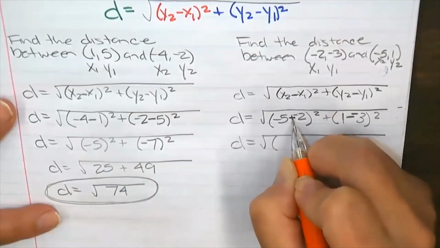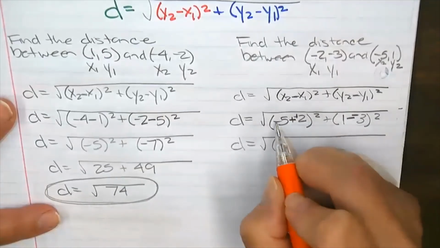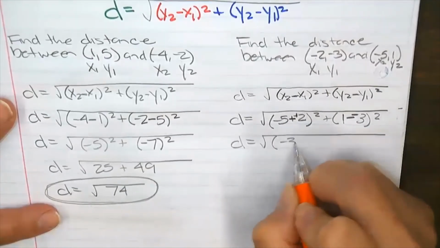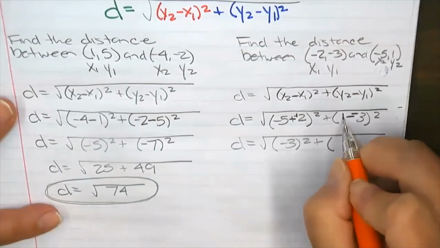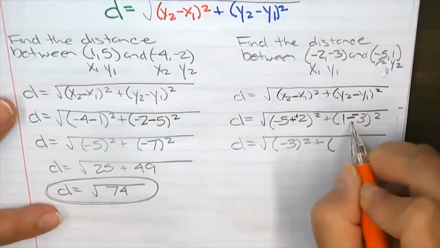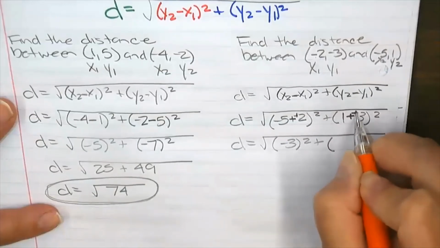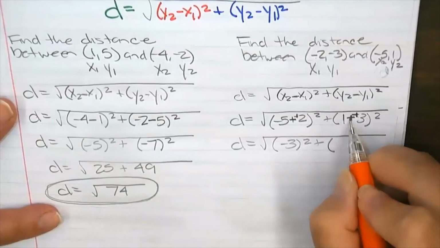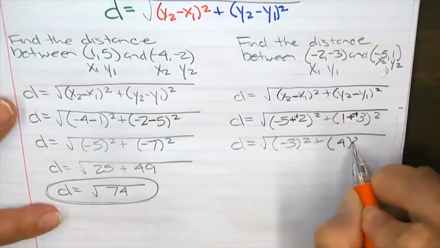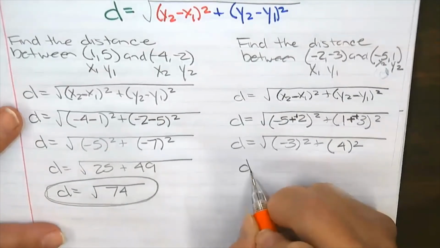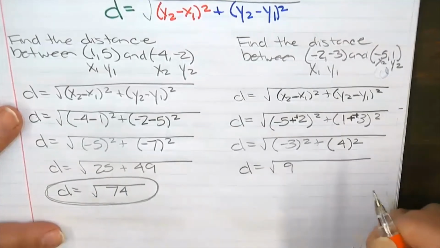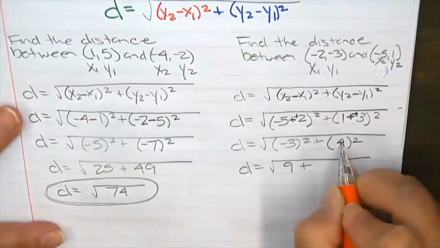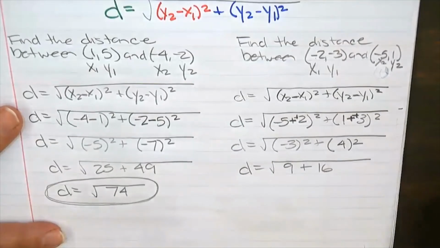A negative and a negative is positive. So -5 plus 2 is -3 squared. We have 1 minus a -3. A negative and a negative is positive. So 1 plus 3 is 4 squared. Distance is equal to -3 times -3 is 9. 4 times 4 is 16.